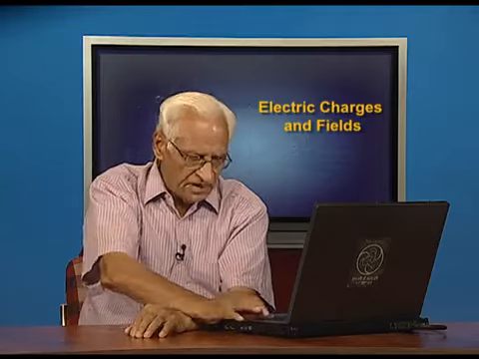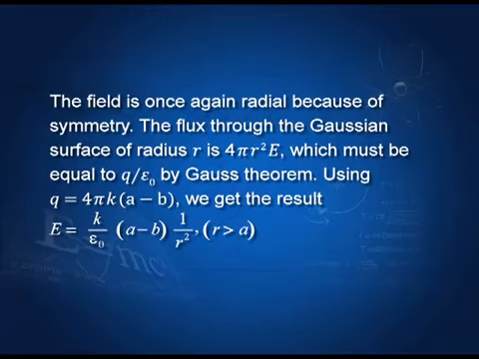And now, we will find the field inside and outside. The field is once again radial because of symmetry. The flux through the Gaussian surface of radius r outside the sphere must be equal to q by epsilon 0, so 4 pi r squared E must be equal to q by epsilon 0. Q is the total charge, which is 4 pi k (a minus b).